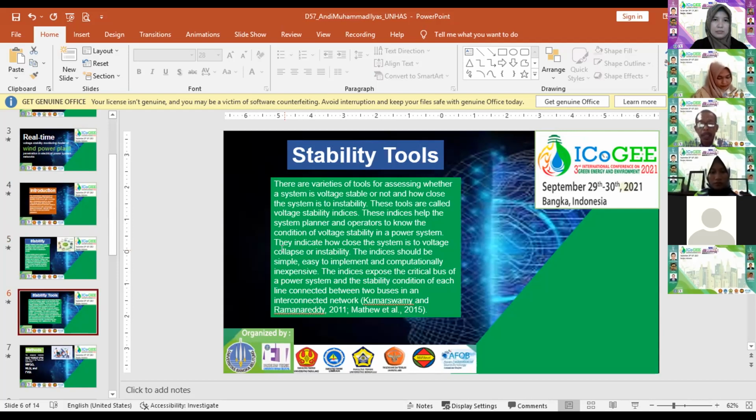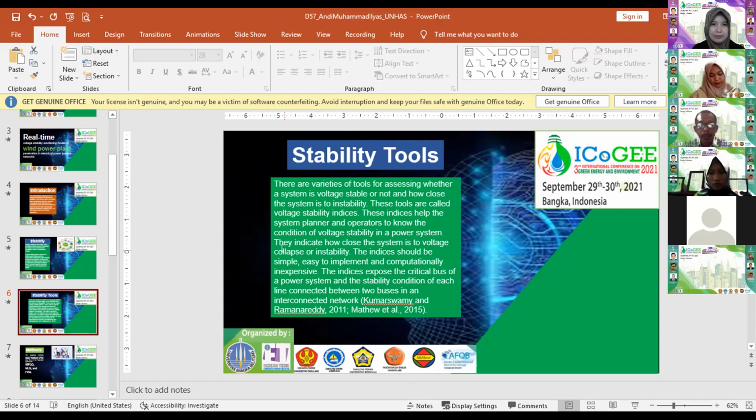These tools are called voltage stability indicators. They help system planners and operators to know the condition of voltage stability in the power system. They indicate how close the system is to voltage collapse or instability.